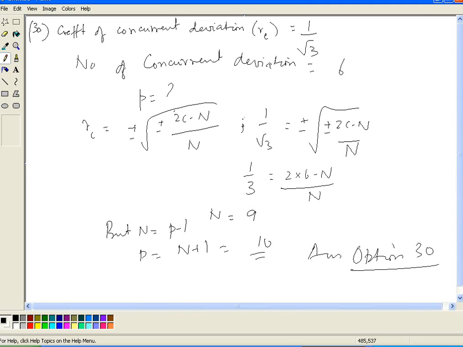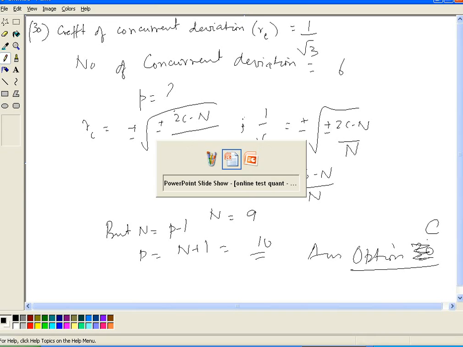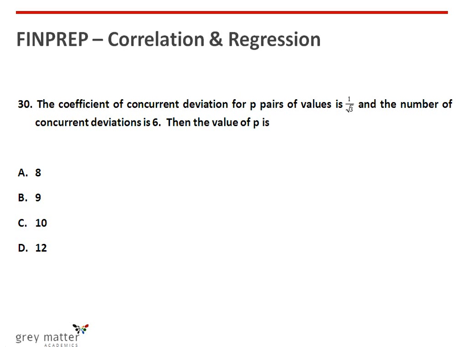So the p value is n plus 1, which is equal to 10. So the option is C. Going to our PowerPoint presentation, option C is the answer, which is equal to 10.